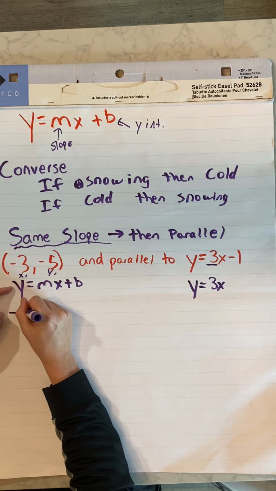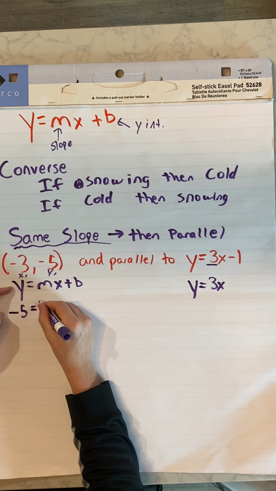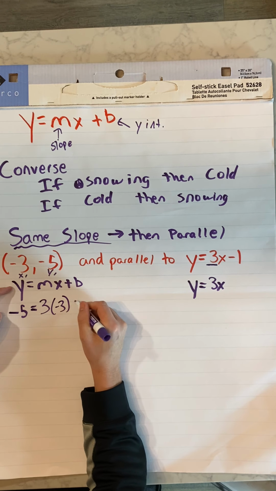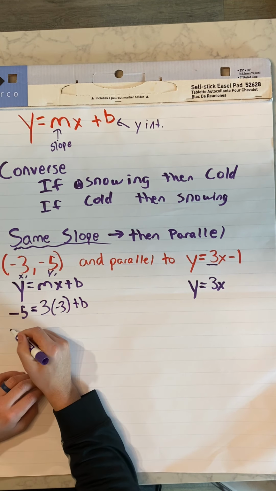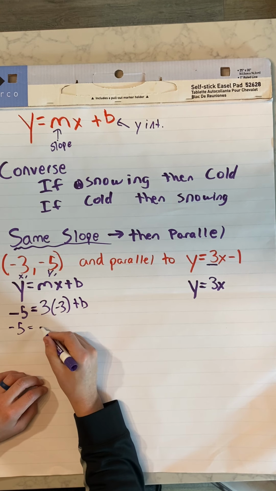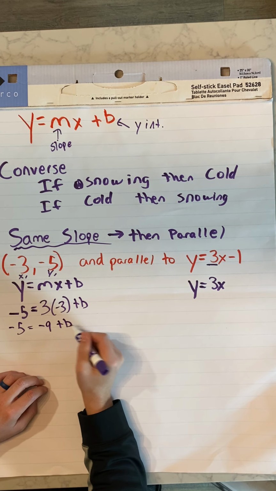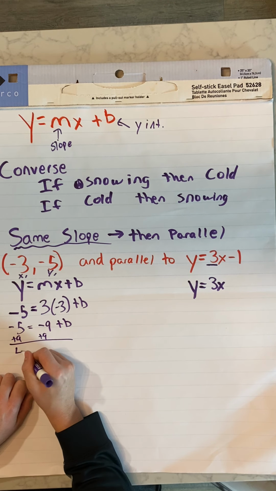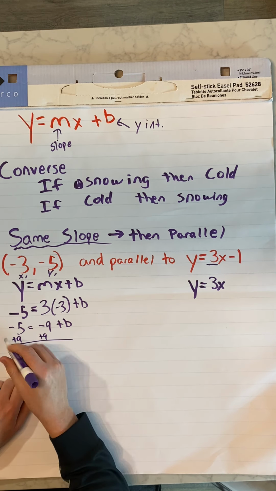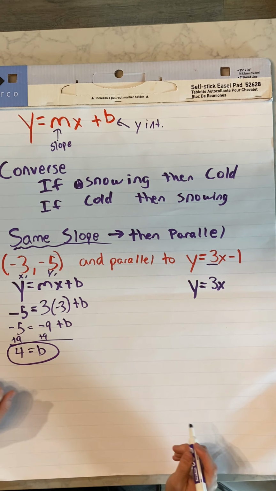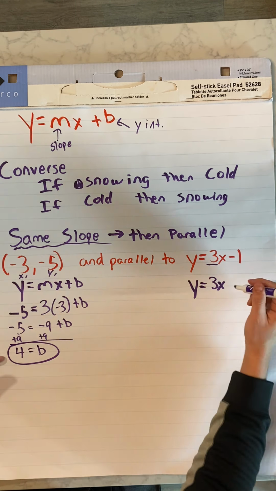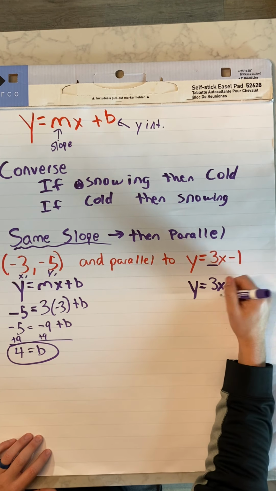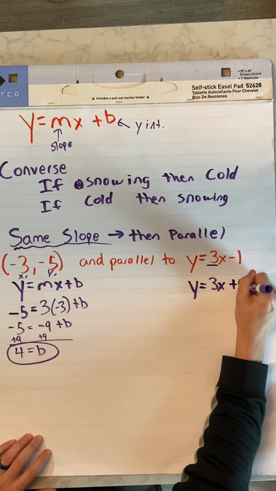So it's -5 equals 3 times x, which is -3, plus b. We're just solving for b now. Add 9 to both sides. 4 equals b. So now we know that our slope has to be 3 and our y-intercept is 4. We can write our equation: y equals 3x plus 4.